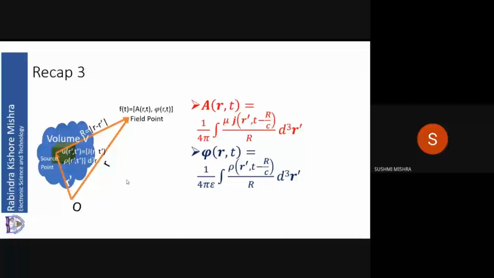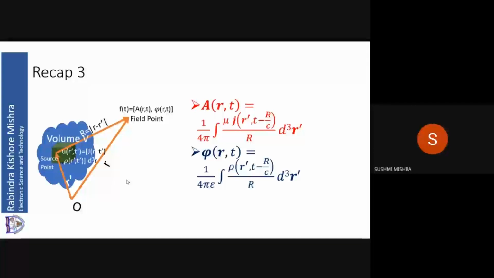Radiation is a disturbance. The effect of this cause is felt at a distant point r. So with respect to the origin, the source is at r dash, and the observation point where we feel the effect of the source is at r.